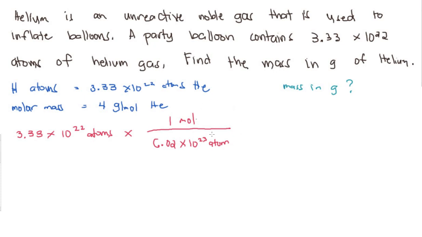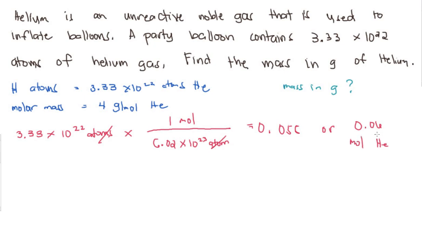Whatever comes out here, we can then convert into mass in grams. So we cancel the atoms, and the answer is 0.055, or we can also say 0.06. Okay, so that's the moles of He.